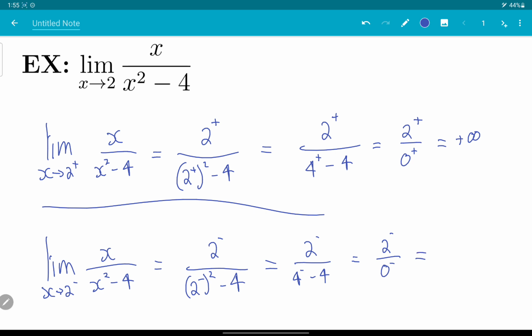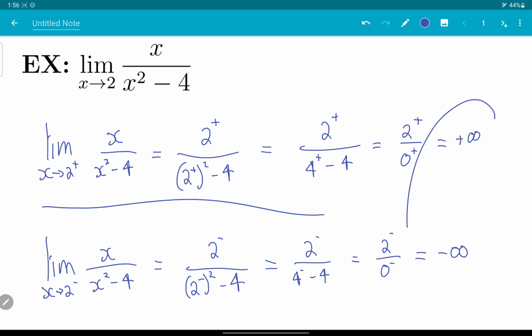When I write 2 exponent minus, what I mean is something a little bit smaller than 2, but that's still a positive number. So I got positive divided by negative, and that's minus infinity. You can think of it as 1.999, still positive upstairs, but on the bottom I got like negative 0.001.